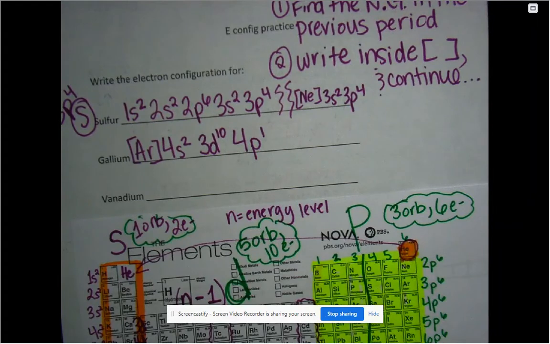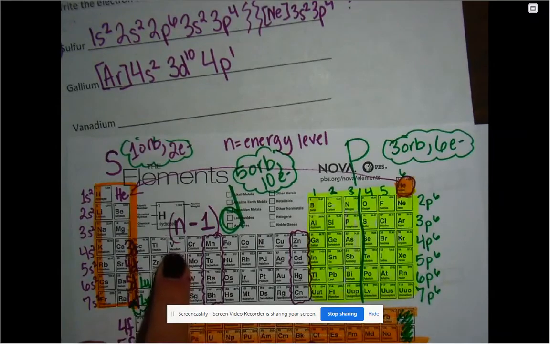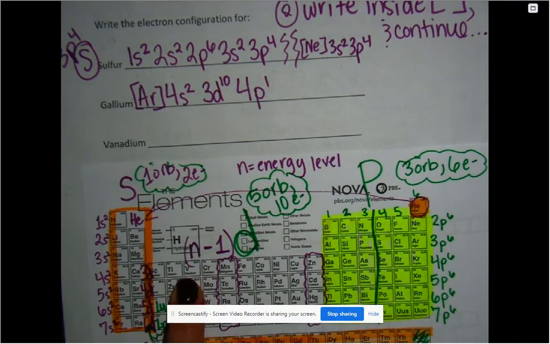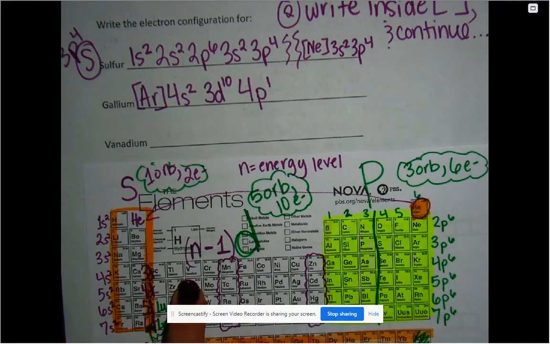Vanadium. Go find it. And let us know where it's at. It's in the D sublevel. Good. Look at the top of the D sublevel, you guys. The third one over. Yep. It'll be right there. Okay. All right. So we're going to try to get to V right here. So we'll do noble gas again. That's your favorite. Where are we going to start with?